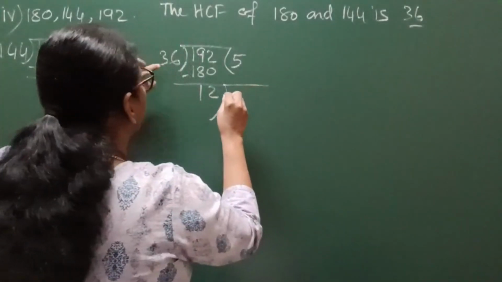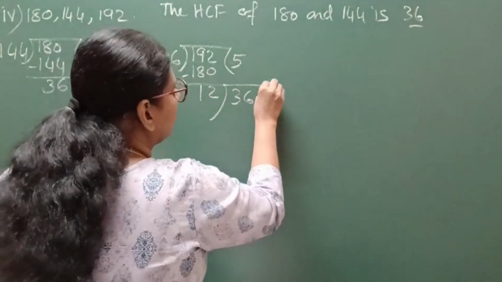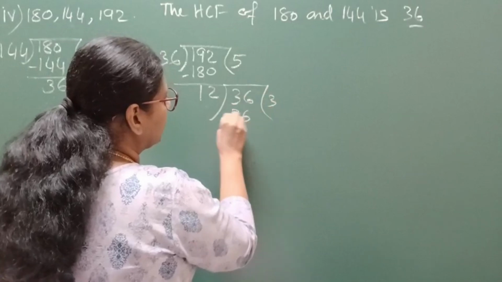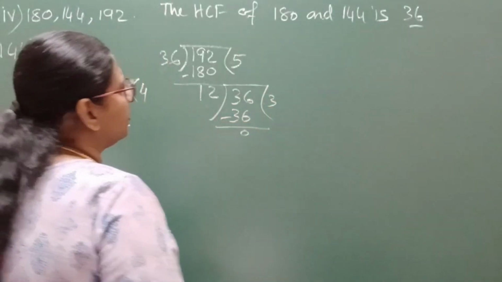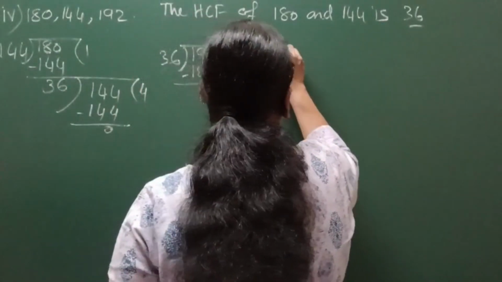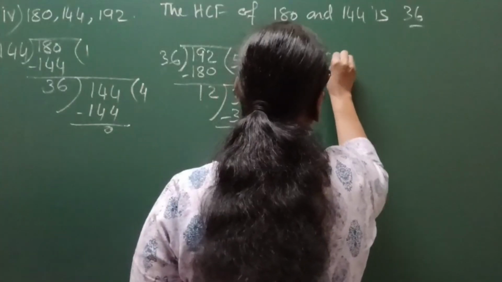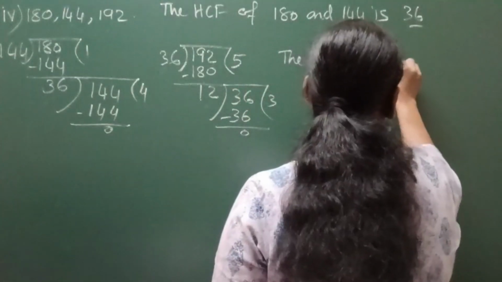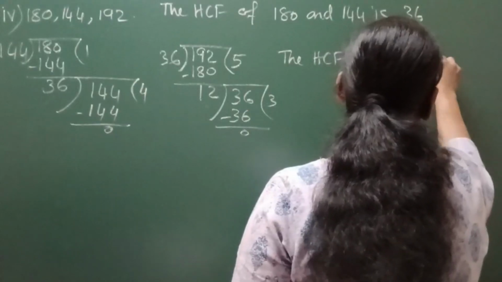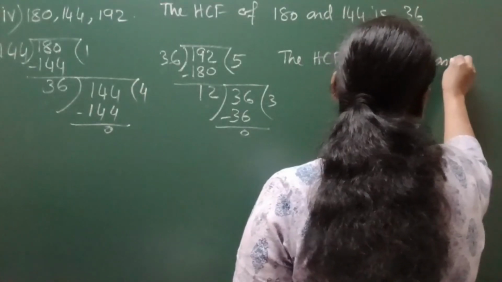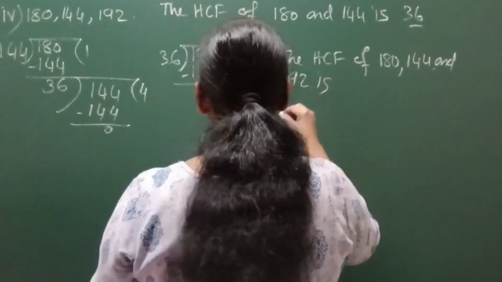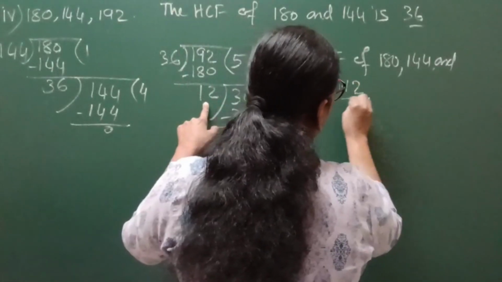Then 36. 12 3s are 36. The HCF of 180, 144 and 192 is 12.